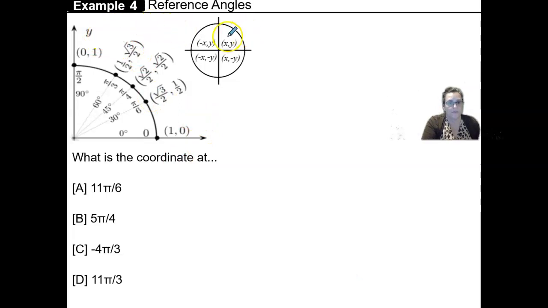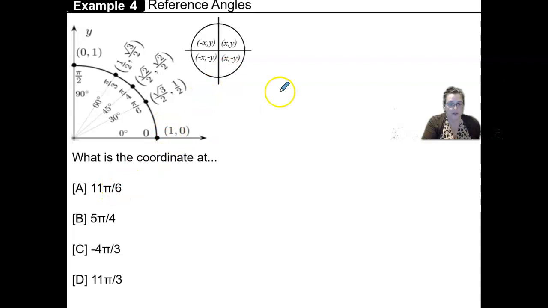So now that we see why the first quadrant is called the reference angles, we can use that idea of just the first quadrant to help us determine the coordinates at other values on the unit circle without having to recreate the entire circle. So 11 pi over 6, that's reduced and it has a denominator of 6. So pi over 6 is my reference. That means it's going to have a coordinate that has a magnitude of root 3 over 2 comma 1/2. We just need to know what quadrant it's in so we know what signs to use.